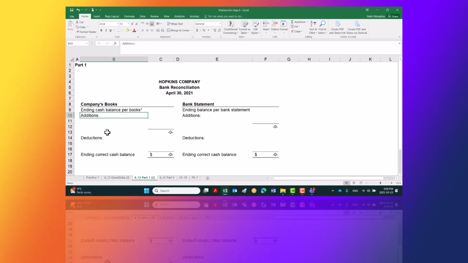So the challenge is to identify the reason for the discrepancy between the two accounts, identify which party should consider it, and then whether it is on the add side or the less side.